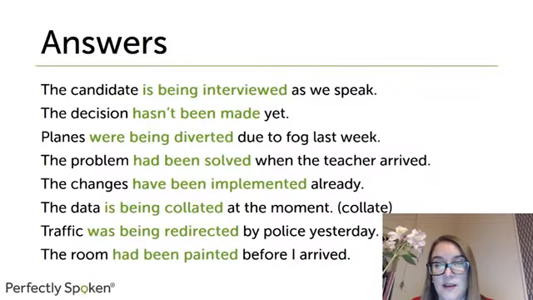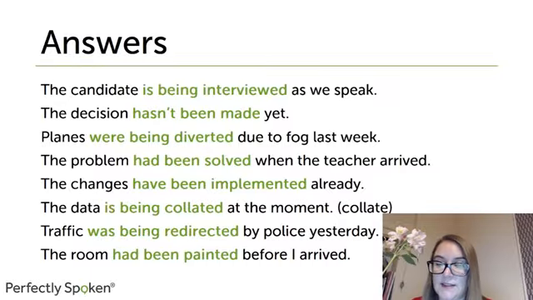Number 3, planes were being diverted due to fog last week. Number 4, the problem had been solved when the teacher arrived. Number 5, the changes have been implemented already. Again, already is a key indicator of present perfect.